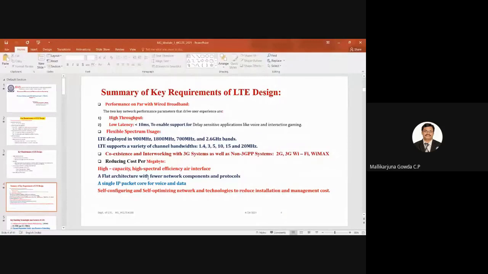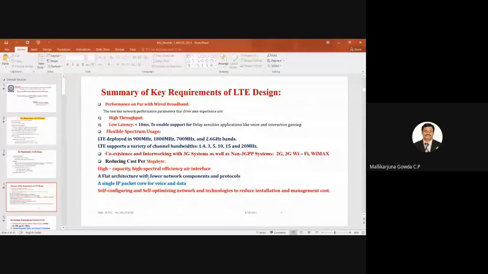And the last but not the least requirement is reducing cost per megabyte. Reducing cost per megabyte with respect to what? High capacity, high spectral efficiency air interface, by having a flat architecture with a few network components and protocols.